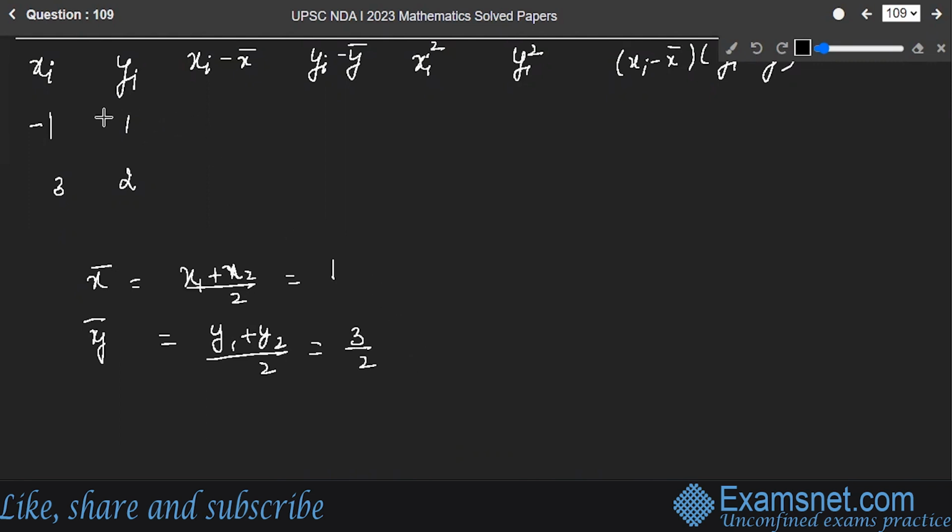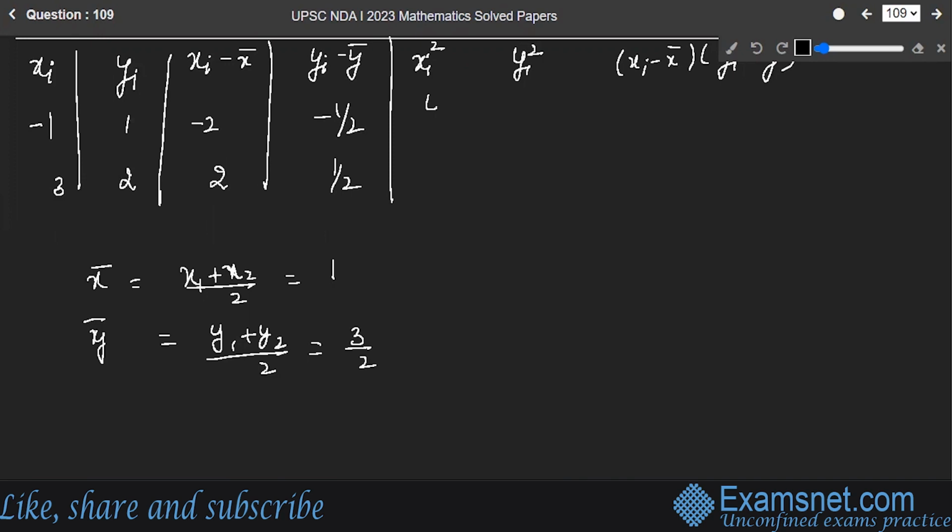Okay, looking into that. So xi minus x bar will give you minus 1 minus 1, that is minus 2. Similarly, 3 minus 1 will give you 2. Similarly, here y1, that is 1 minus 3 by 2, will give you minus 1 by 2, and 2 minus 3 by 2 will give you 1 by 2. I hope you got how I got these readings.